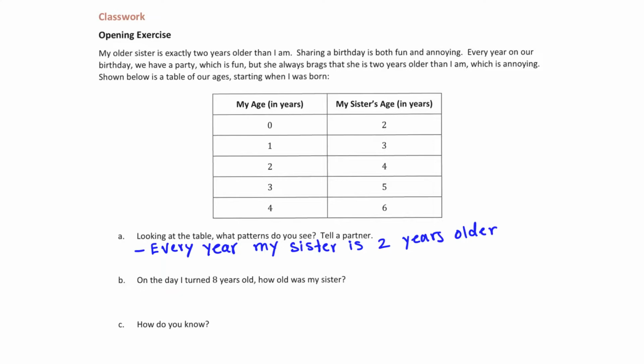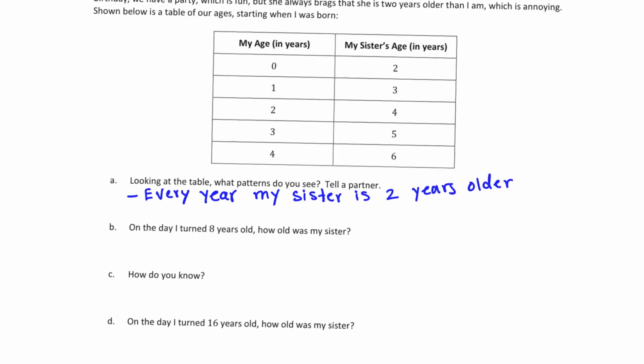Maybe some of you noticed that there's an increase of 1 if you're looking at the table going vertical. That's also a pattern. So looking at patterns in different ways is always going to be very helpful for you.